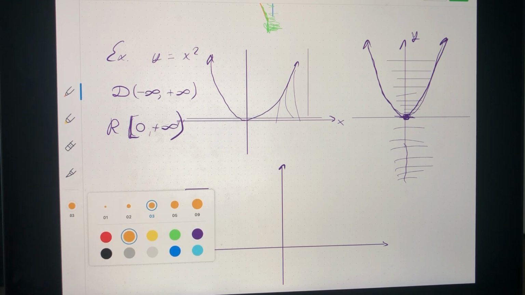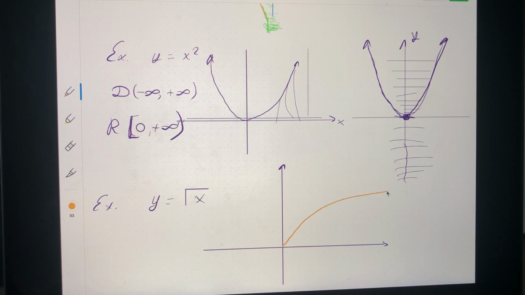It sort of looks like one side of a parabola. And so where does the picture begin on the x-axis? On the left side, square roots of negatives are imaginary, so there is nothing. The picture only starts with 0 because the square root of 0 is 0. So the domain is from 0 with a bracket, including 0, all the way to plus infinity.